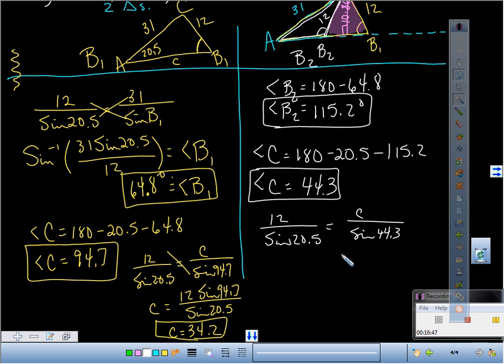Is that right? Okay, I'm looking for a side, so I don't need to put any inverse or anything like that. The two that you do know go on top. The one that you don't know, his partner, goes on the bottom. And what do y'all get side C to be? 26.9.